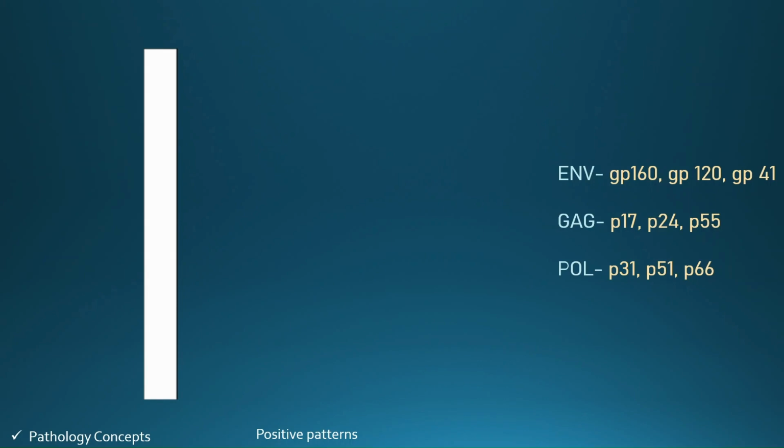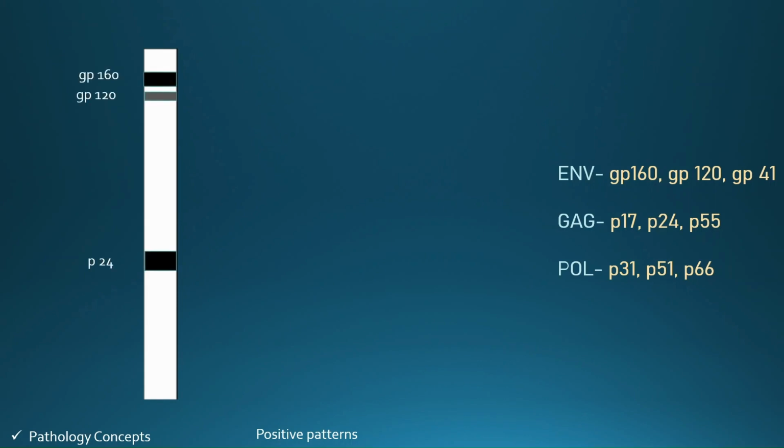When can we say that the result is positive? So what are the positive patterns for the HIV Western blot? Let's see. If any two of the envelope antibodies are present and any one of the gag or any one of the pol is present on the band with the control band, then we can say that this test is positive.